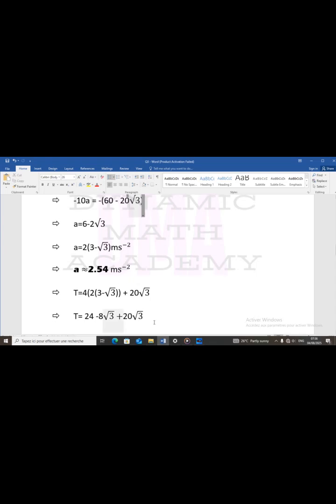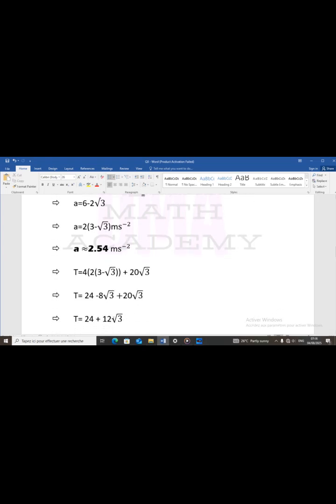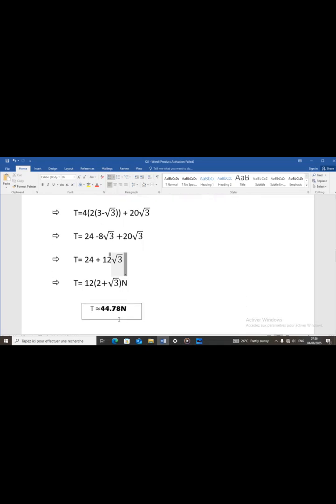So we're going to have the tension force equal to 24 minus 8 root 3 plus 20 root 3, because 4 times 6 is 24, and 4 times 2 root 3 is 8 root 3. If you compute this, we're going to have 24 plus 12 root 3. And at the end of the day, our tension is equal to 44.78 Newtons.